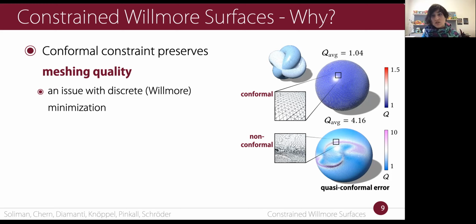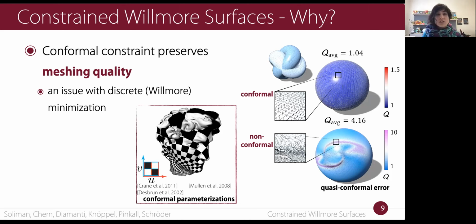But because we're using these conformal transformations, which locally preserve angles, we can guarantee that equilateral triangles stay equilateral at the end if we apply the conformal constraint. And of course, this has been known in graphics because conformal transformations have been used for parametrizations a lot, and people like them because they preserve element quality, and as a consequence, they also distort the textures less.